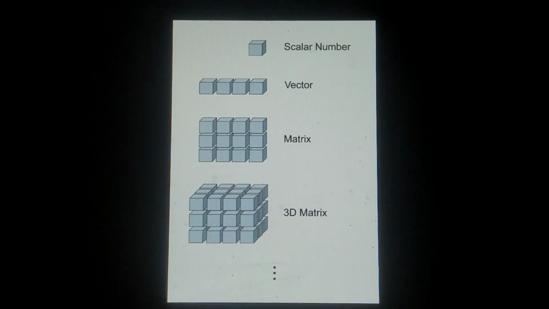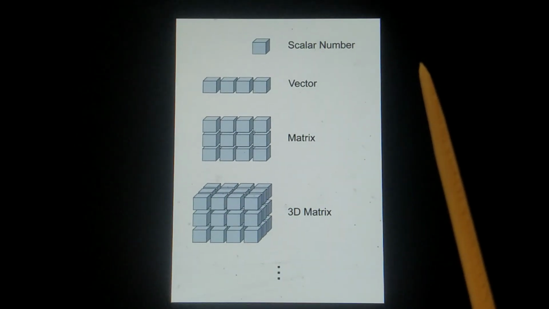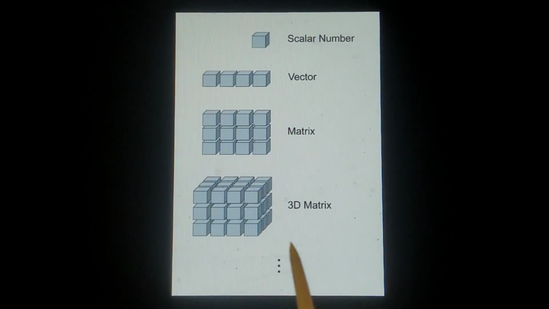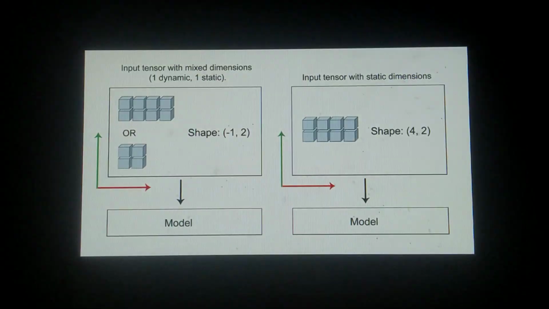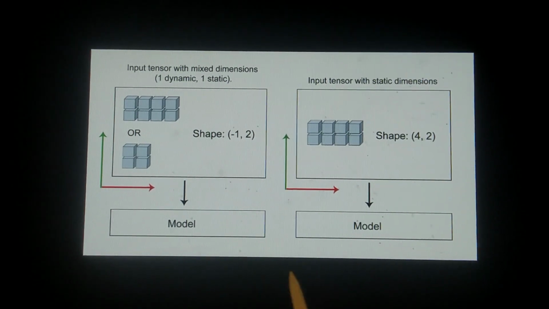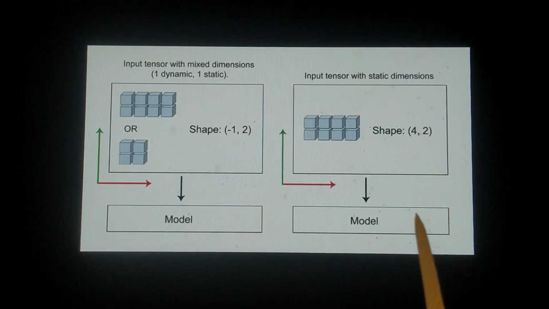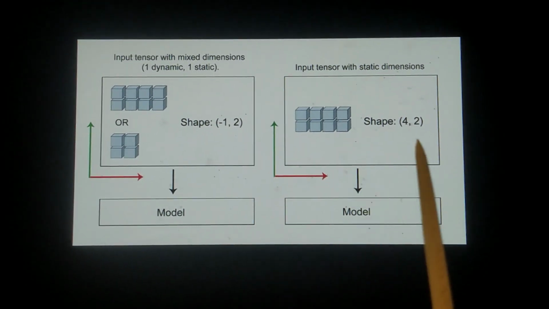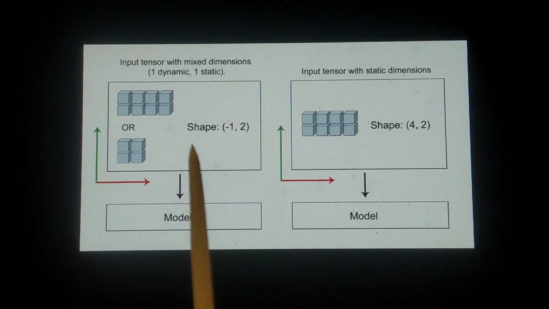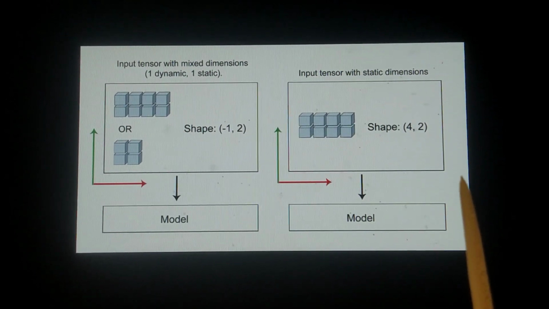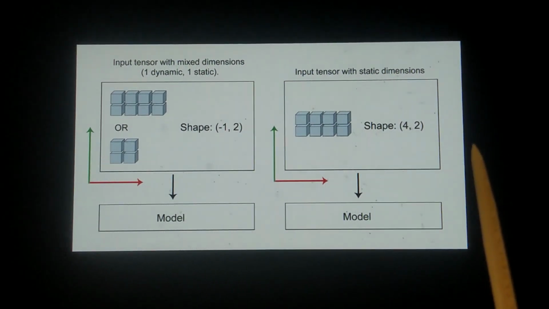Being multidimensional, an array can be a scalar number, vector, matrix, three-dimensional matrix, and so on. Each array dimension along any axis can be either static or dynamic, which is also specified in the tensor's metadata.